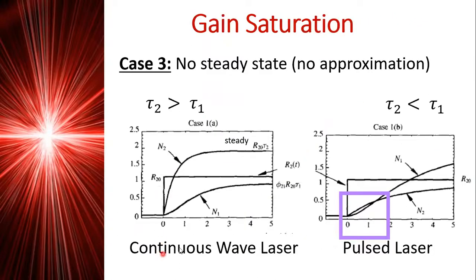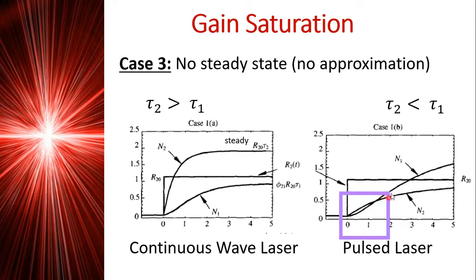That's why we have two options here: what we call a continuous wave laser and what we call a pulsed laser. Why is this pulsed and why is this continuous? This is continuous because all the time tau2 is greater than tau1, N2 will be greater than N1, so lasing will be conducted all the time. However, herein, per each injection cycle, there will be a period where the gain condition is not fulfilled.